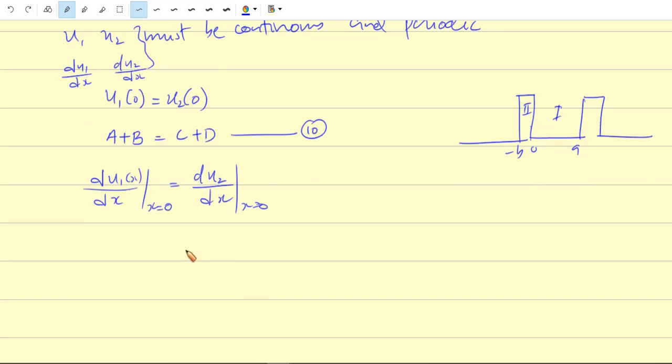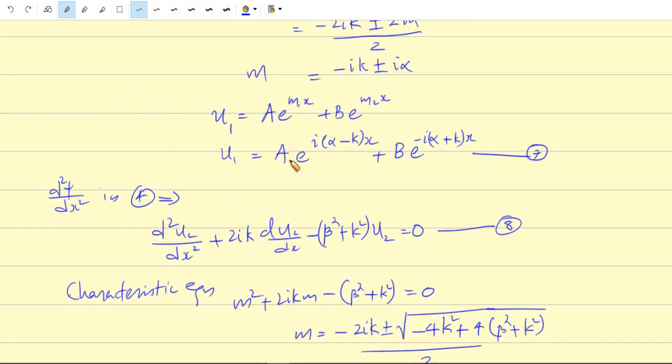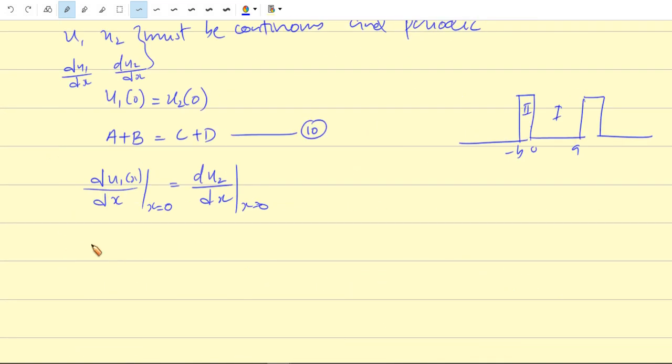From equation 7, when we differentiate, du1 by dx is equal to i alpha minus k a e raised to i alpha minus k x minus i alpha plus k b e raised to minus i alpha plus k x.